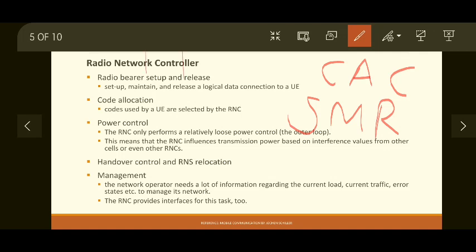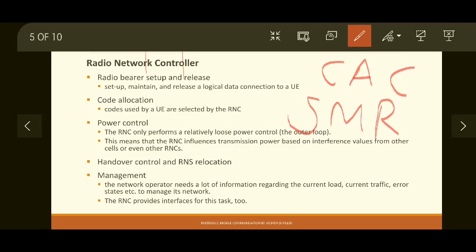Now the next task of the RNC is power control. As the users of the UMTS all are transmitting with the same power, the job of the RNC is to use minimum power in order to communicate with the external network. But minimum means how much?